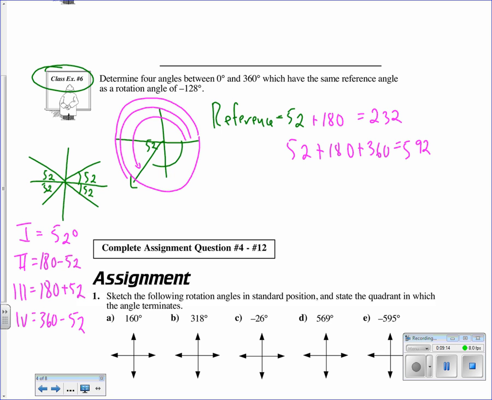So a little bit of language to become familiar with again. So 128 positive, 180 plus 52, 232. And 360 minus 52, 308.